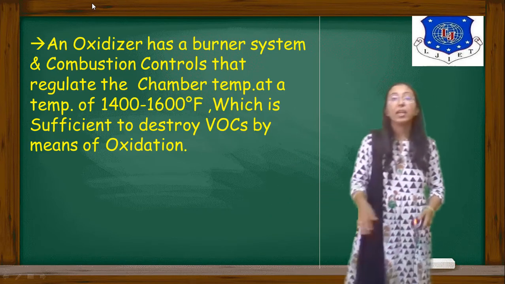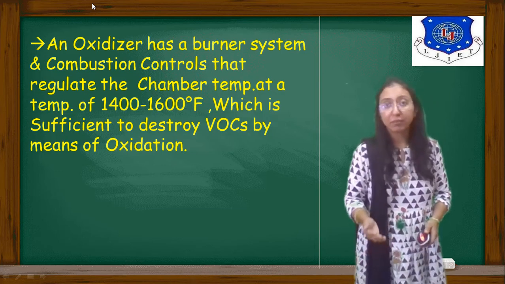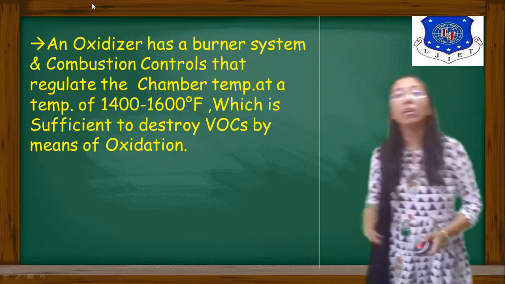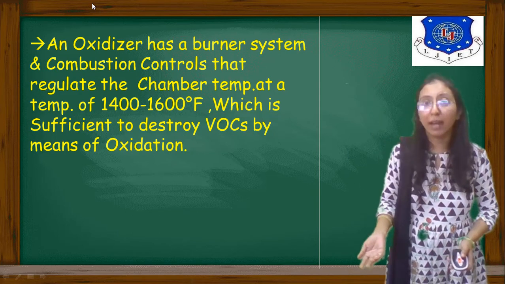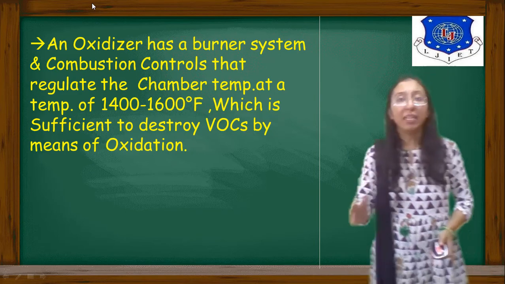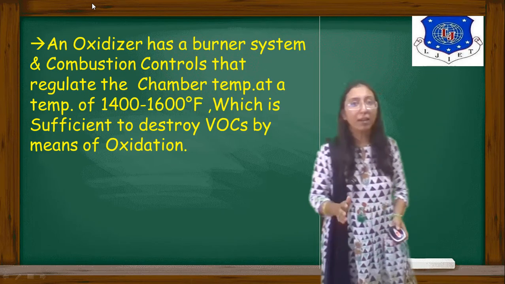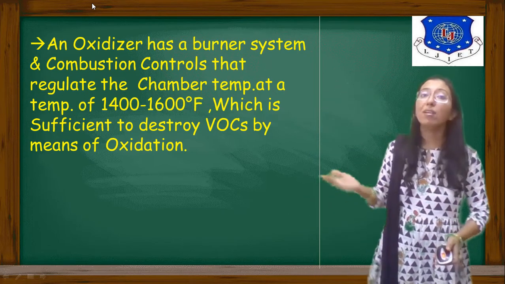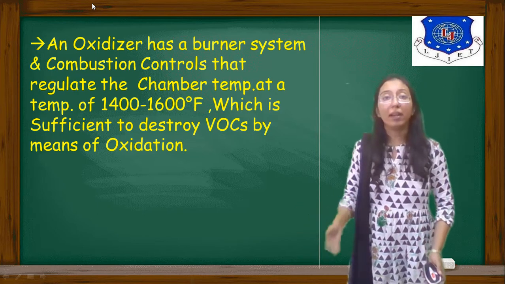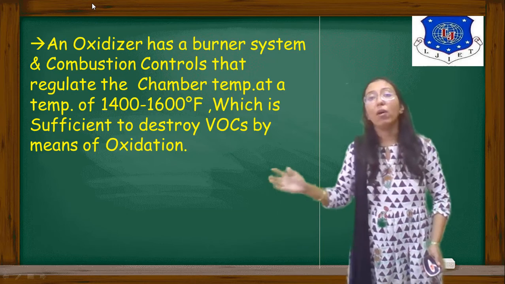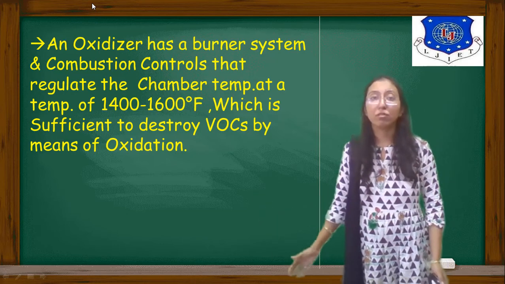So here in the burner system we are doing oxidation, and we have to maintain the temperature at 1400 to 1600 Fahrenheit. This temperature is required to destroy volatile organic compounds.